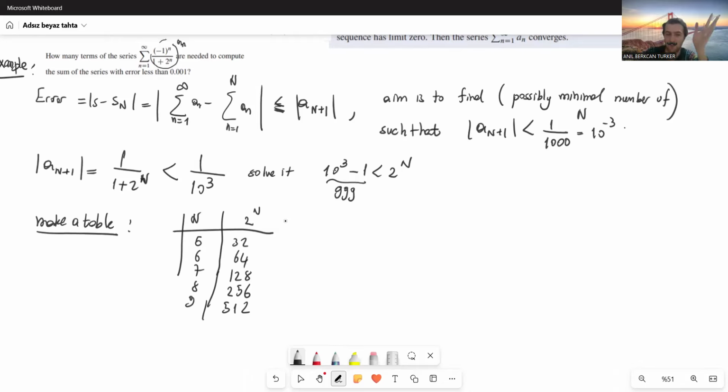Maybe you can start from 9, but I'm very bad at this kind of thing, that's why I'm starting from the very beginning. At 10, it is 1024. So this is the minimal number satisfying this, right? By the way, there should be a mistake because this should be n plus 1. So if n plus 1 is 10, then n is 9.